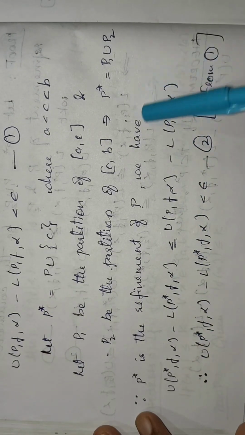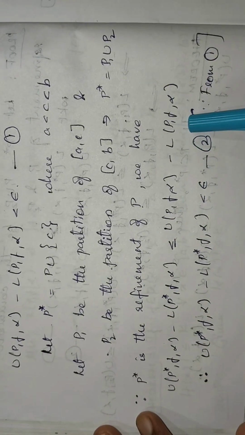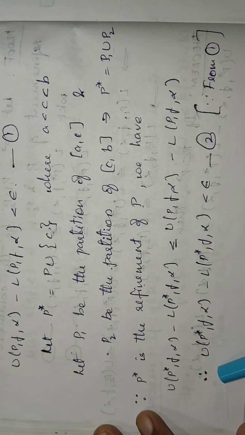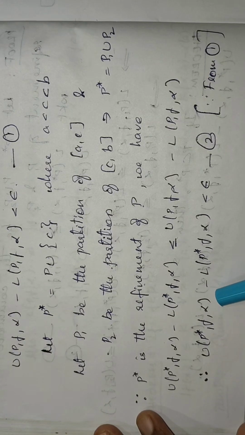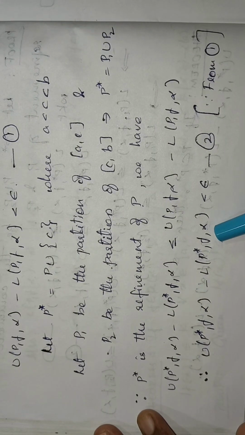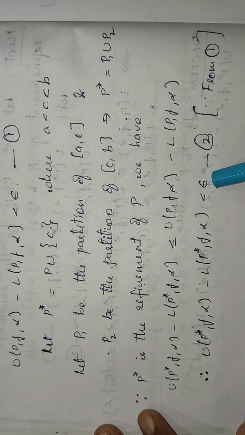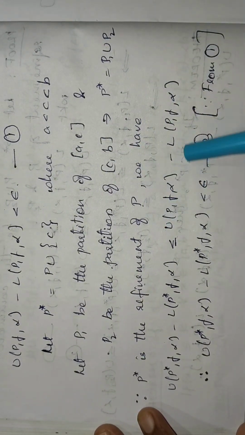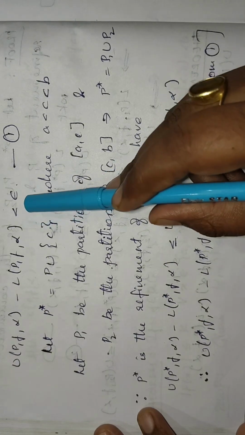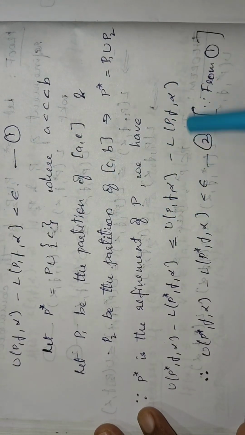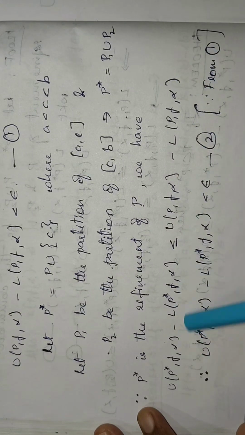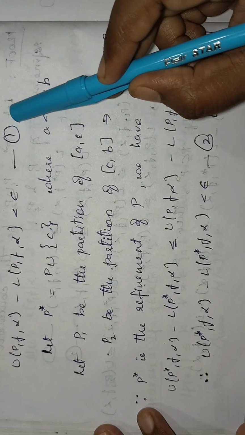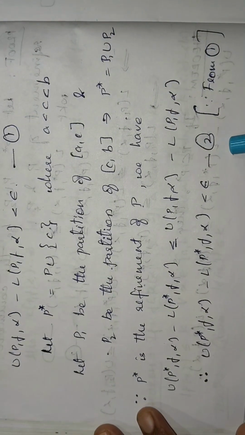We have proved this in our previous theorem, so you can look at the previous videos. Therefore U of P star comma f comma alpha minus L of P star comma f comma alpha is less than epsilon. Why? Because from equation 1 we have U of P comma f comma alpha minus L of P comma f comma alpha less than epsilon, so obviously this will also be less than epsilon. I have used equation 1 here; name this as equation 2.